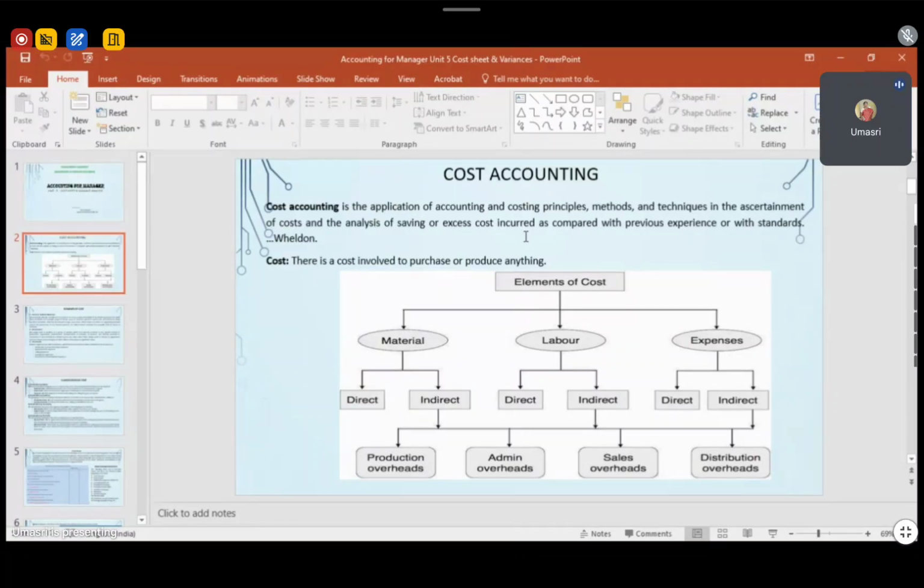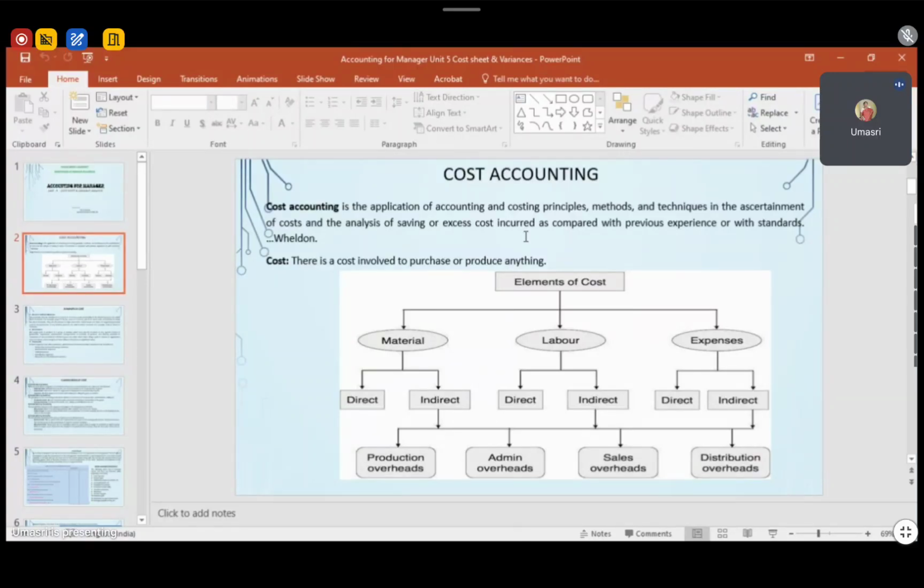So when you are recording the expenditure incurred for production and ascertaining the cost, then you can compare the actual with the standard. What standard norms you have fixed, you can find out the deviation, the variation between actual and standard norms. So that helps you as a what tool?